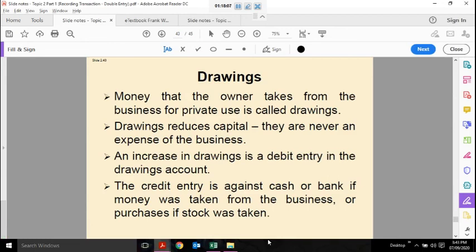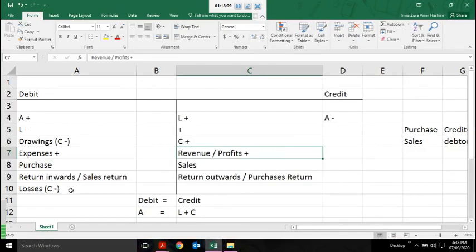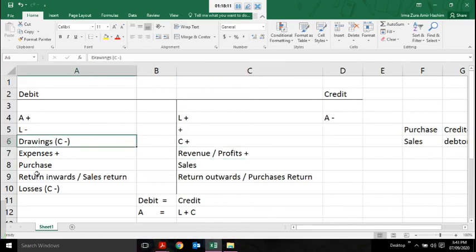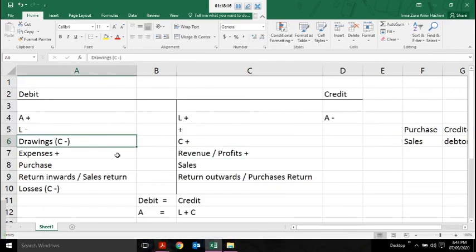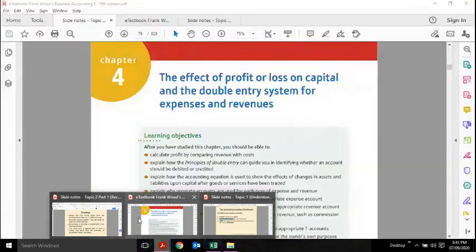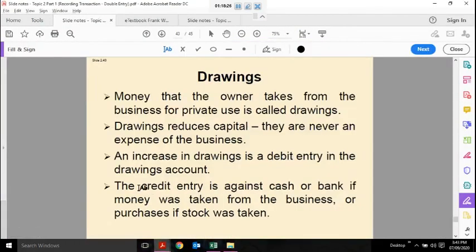Okay. So drawings, as I mentioned, you should record it as debit, and you treat it same with the asset. If asset increases, and then the credit entry is against cash or bank, okay, or the product.